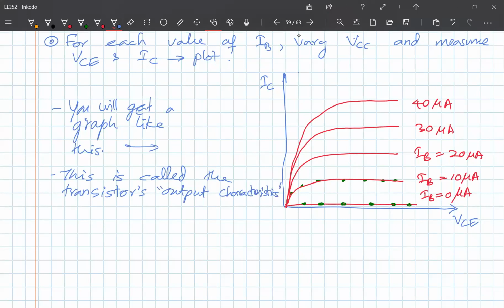Now, why output characteristics? Because IC is the output current, and VCE is the output voltage. So output characteristics is a relationship between output voltage and output current.